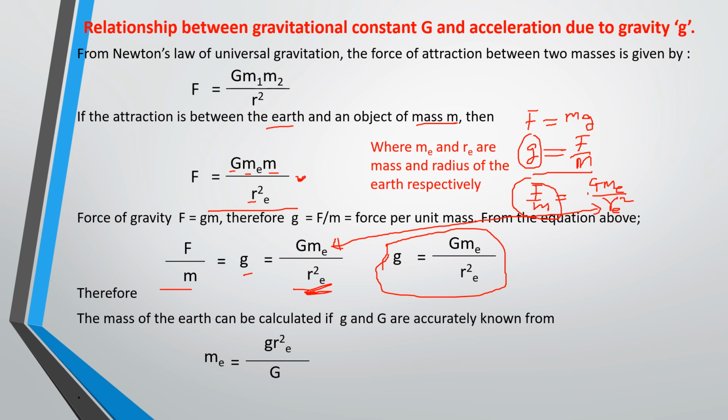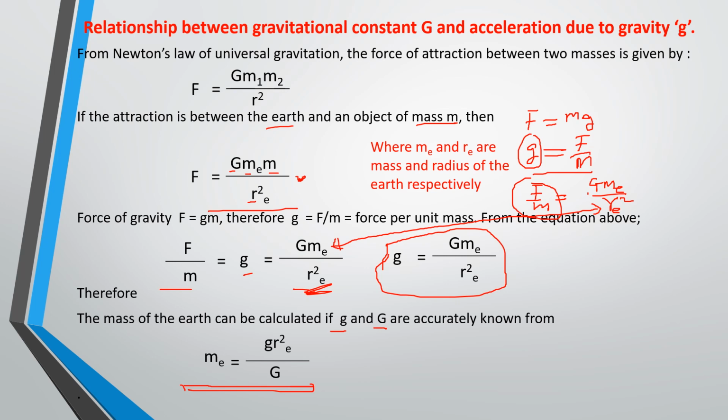From this equation, we can calculate the mass of the earth if we are able to measure gravitational acceleration and the gravitational constant accurately. It's just for us to make the mass of the earth the subject of the formula, and then we can solve for the mass of the earth.